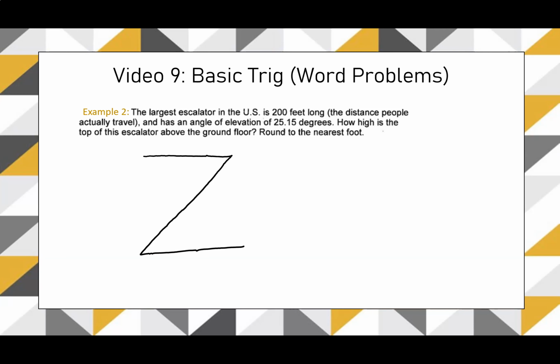So here we are. Our escalator would probably be this. It's a little steeper than it probably is, but that's all right. Let's go ahead and label things. We've got an angle of elevation of 25.15. That goes right here. And we are also told that the escalator is 200 feet long.